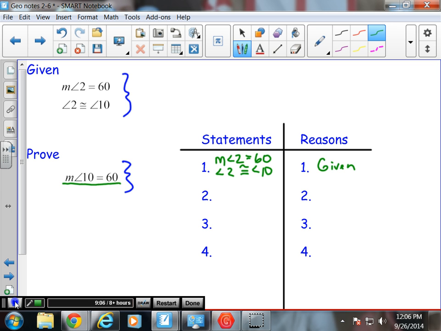If we know that angle 2 is congruent to angle 10, we can say that the measurement of angle 2 is equal to the measurement of angle 10. Like we've done on the board for the past few days, you should know that this is the definition of congruent angles.